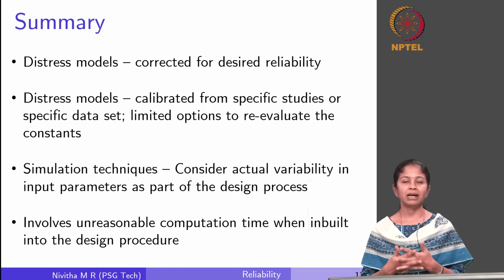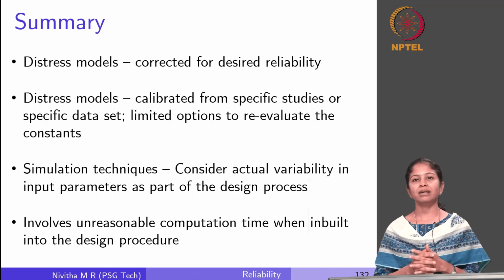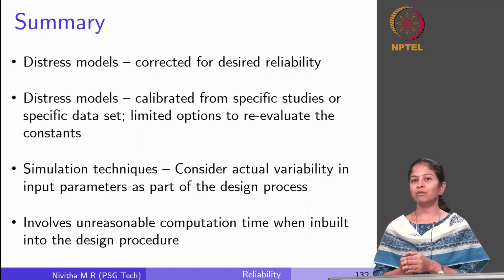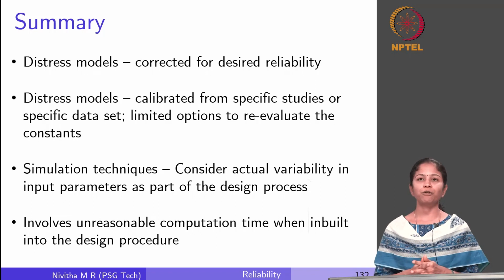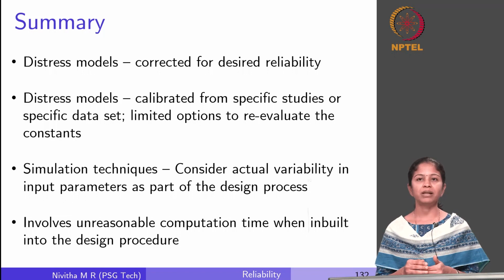Again, as I was mentioning throughout this lecture, the design models are empirical equations which are obtained based on specific studies conducted by individual agencies, right. So they cannot be generalized for other conditions.